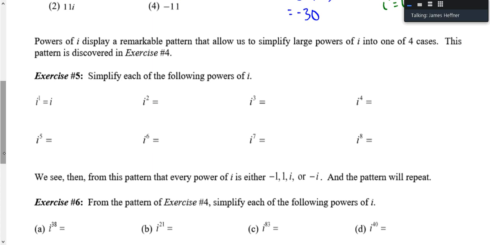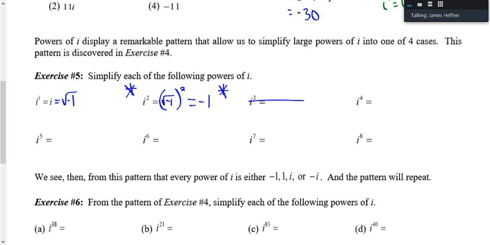We know I to the first power equals I, which of course is a square root of -1, right? But this I squared, you're going to see it again because this is kind of important. I squared here is the square root of -1 squared, which is -1.